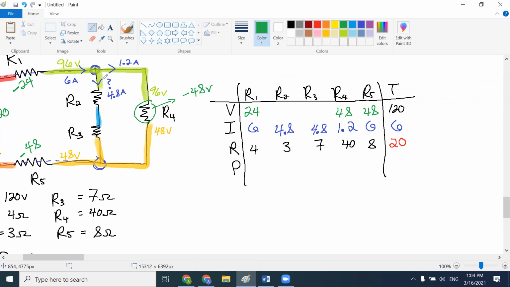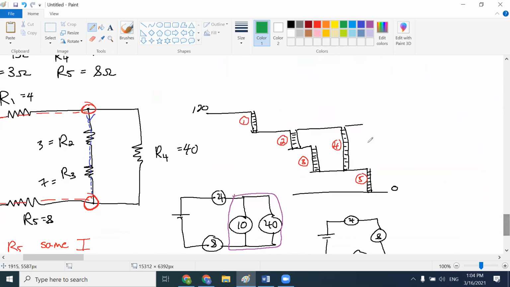I got 96 volts right before R2. I got 48 volts right after R3. These two things combined better wipe out 48 volts. Because, come on. When we look at the gravity perspective, you choose ladder 4, you drop 48. All right. I don't know how much I'm dropping here. I don't know how much I'm dropping here. But what I do know is the two combined better be 48.